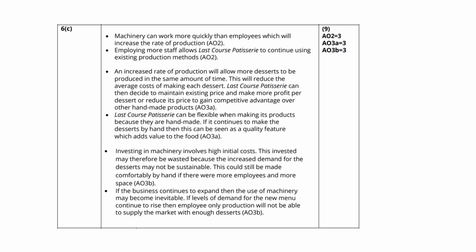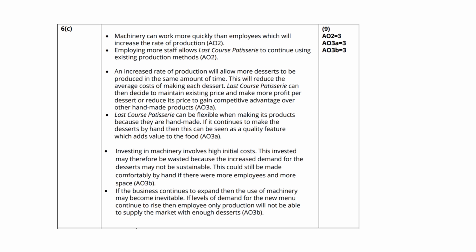Last Course Patisserie can be flexible when making its products because they are handmade. If it continues to make the desserts by hand, then this can be seen as a quality feature which adds value to the food. Now onto the evaluation, AO3B, and how you can gain those 3 marks.